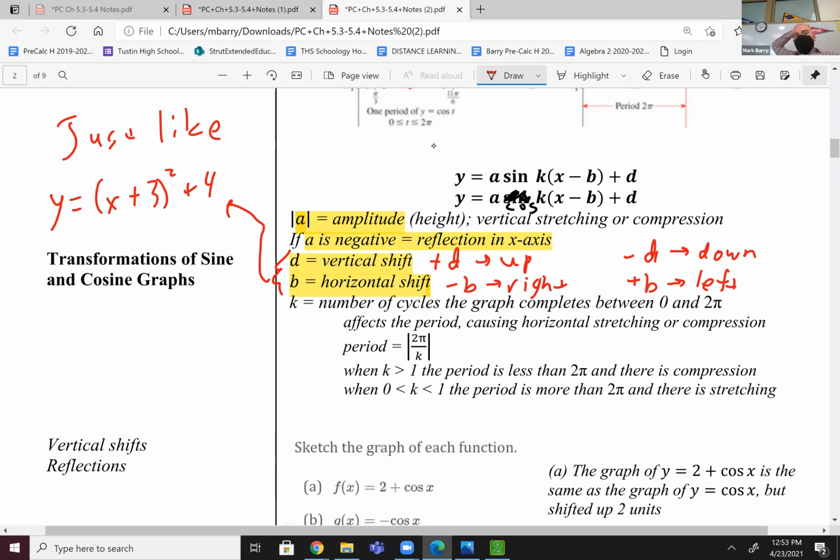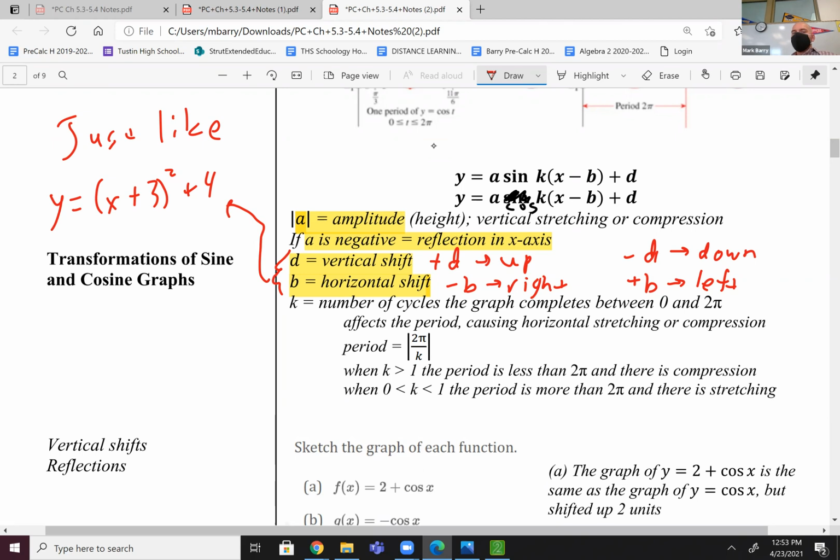So that shifts the parabola left 3 and up 4, correct? The outside is up and down, and plus is up, minus is down. The inside is left and right, but plus is left and minus is right. So I know you guys have worked a lot with those parabolas. And so what I'm trying to say is for these shifts, up, down, left, right, it really works the same way for sine and cosine. Those same rules apply here, okay?